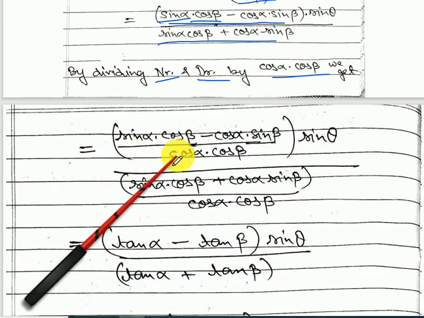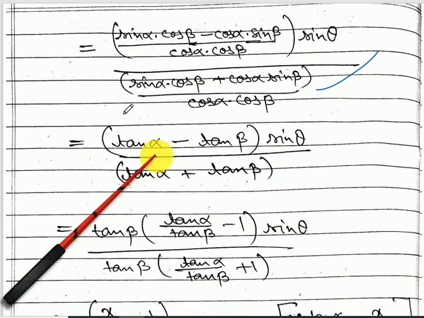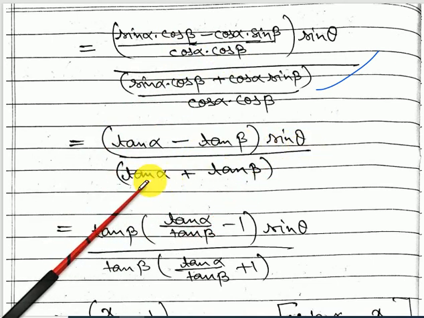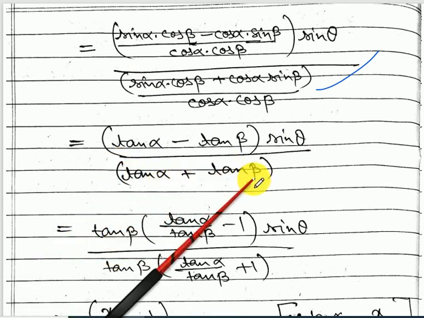So we are dividing numerator and denominator by cos alpha into cos beta, so you get this. Clear? So each term divided by this, so you get tan alpha minus tan beta into sin theta upon tan alpha plus tan beta.